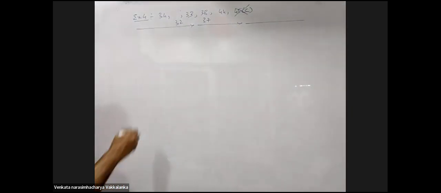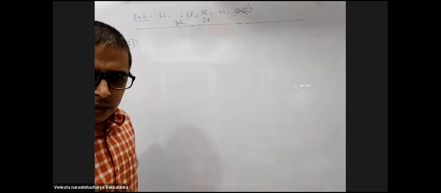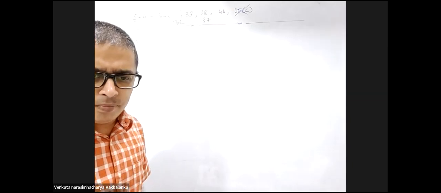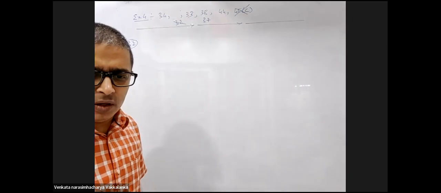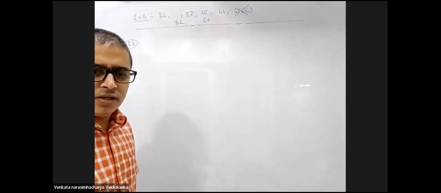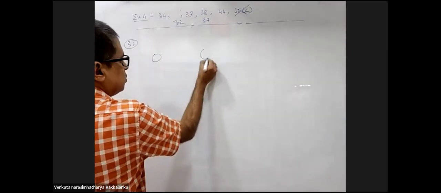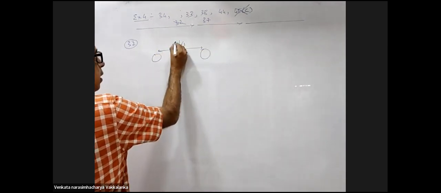Question number 32. Figure shown, each tiny ball has mass m and the string has length L. One of the balls is imparted a velocity of u in the position shown, in which the initial distance between the balls is L by root 3. So this has also been done in class, I think.